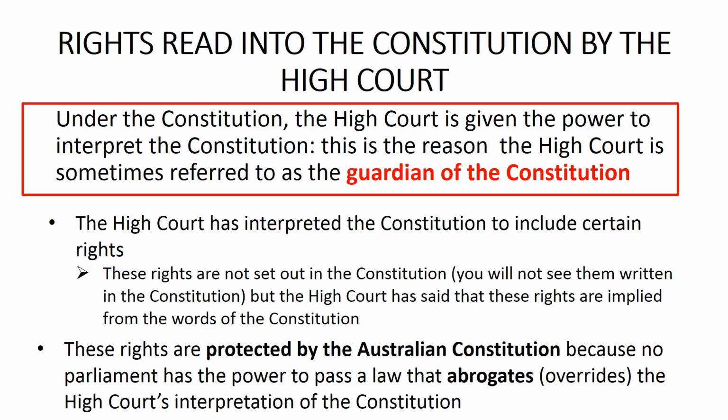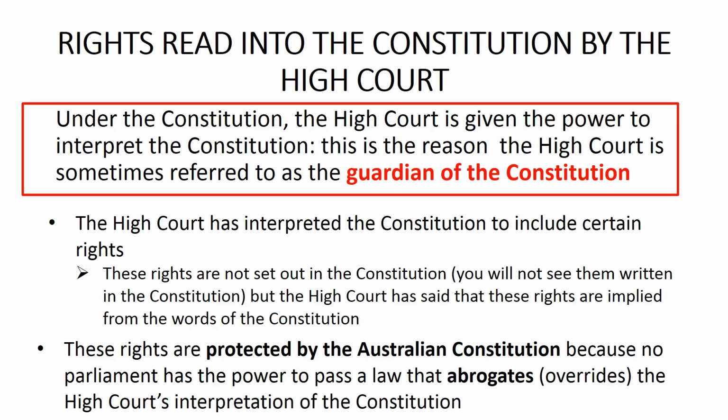You'll recall from some earlier work that we've done this year that, generally speaking, Parliament is supreme. That means that Parliament is able to make laws, change laws which it has made, and abrogate or override laws which are made by the courts.